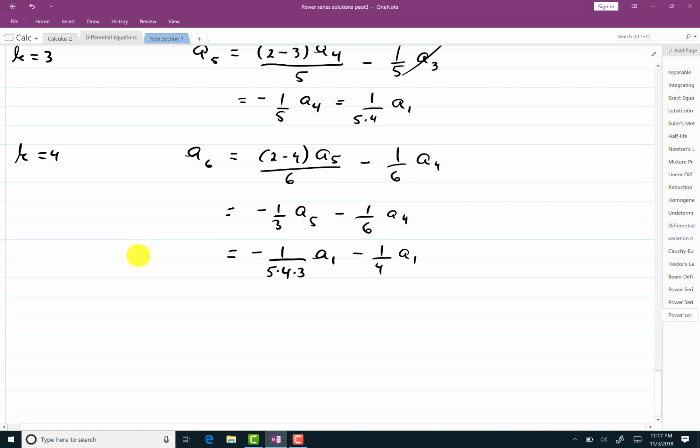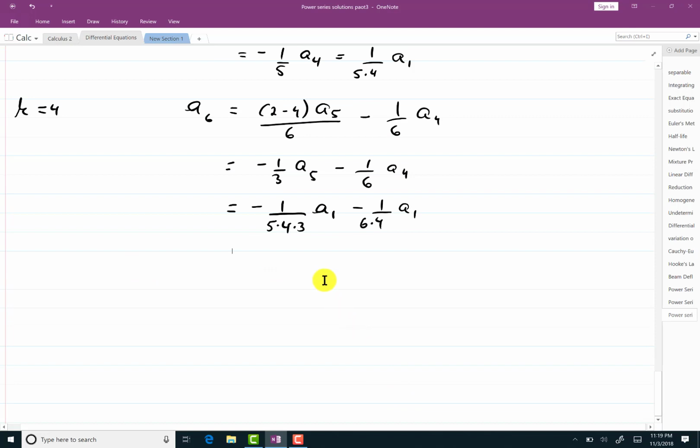And as before, in order to simplify this, I'm going to think of this 6 times 4 a little bit differently for factoring purposes. 5 times 4 times 3 a sub 1 minus 1 over, I'll think of 6 as 3 times 2, so I have 4 times 3 times 2 a sub 1.